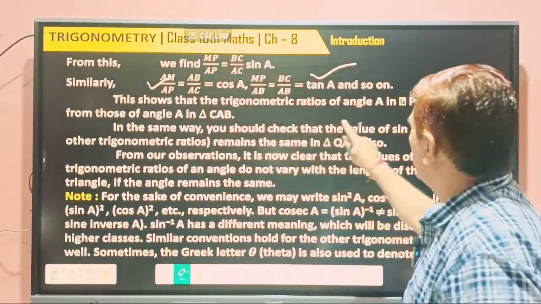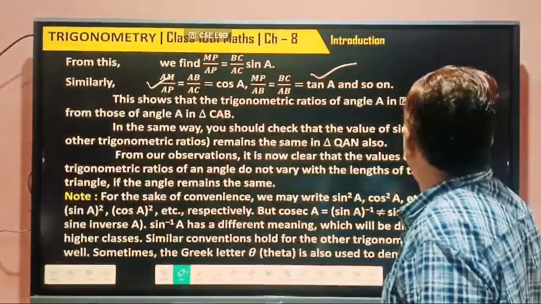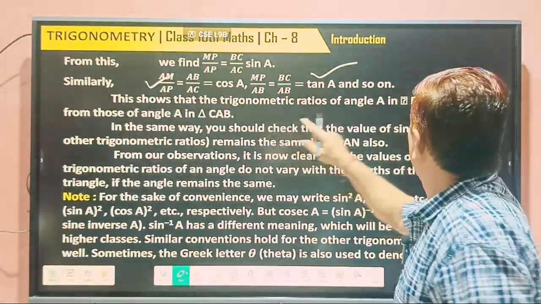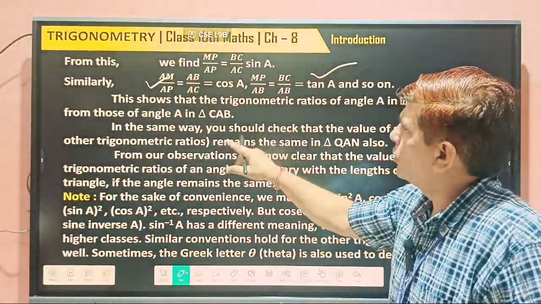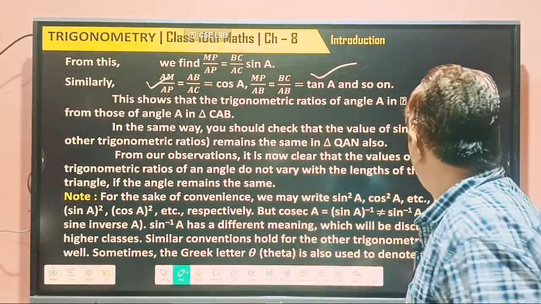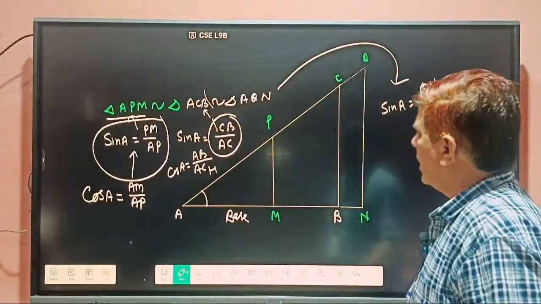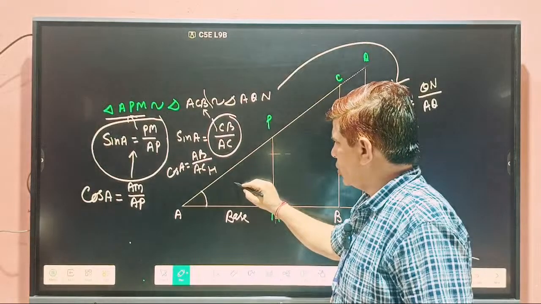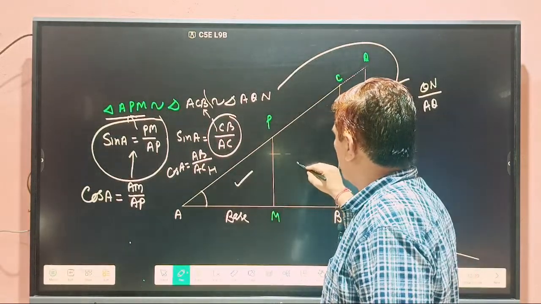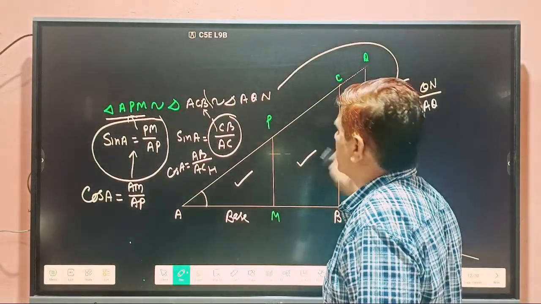This shows that the trigonometric ratios of angle PAM do not differ from those of angle CAB. Its meaning is this: you can find the trigonometric ratio of this triangle or this triangle or this triangle.